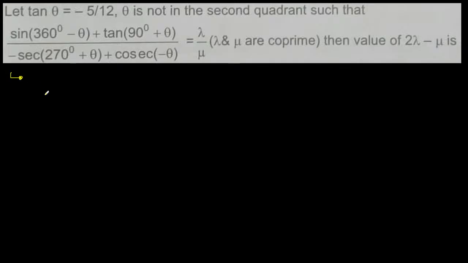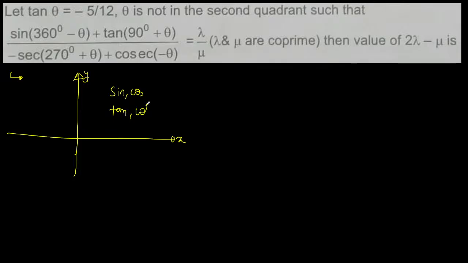So let tan theta is minus 5 by 12. Theta is not in the second quadrant, such that, so we should be knowing that. Okay, I'm telling you one thing, one secret. Sine, cos, tan, cot are positive in this quadrant.